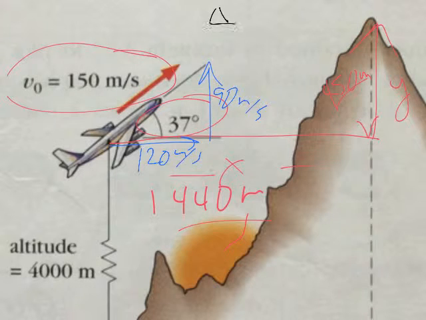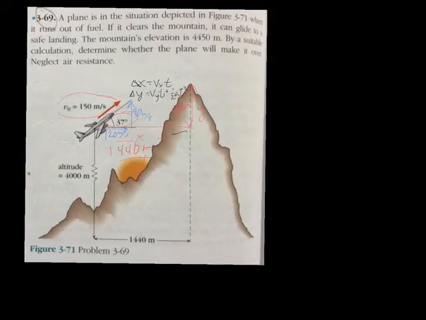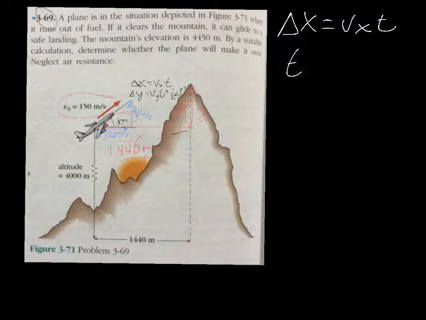I'm going to say delta X equals Vx t, and delta Y equals Vy t plus 1/2 a t squared. I'm going to get my t from my X. So delta X is Vx t, so t is equal to delta X over Vx.